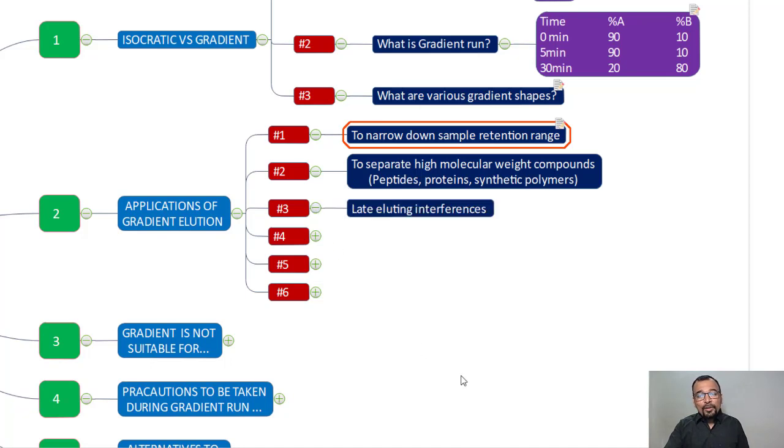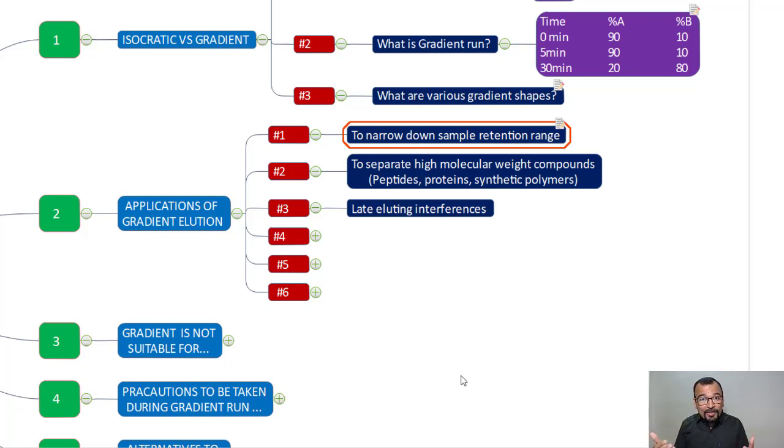The next benefit is late eluting interferences. Sometimes, if you are working with drug products like tablets, capsules, ointments, or injectables, the compounds of interest get eluted within a short run time. But there are some solutes which are not part of your analyte or impurities, but belong to the placebo of your sample, and they get eluted very late into the chromatographic run.